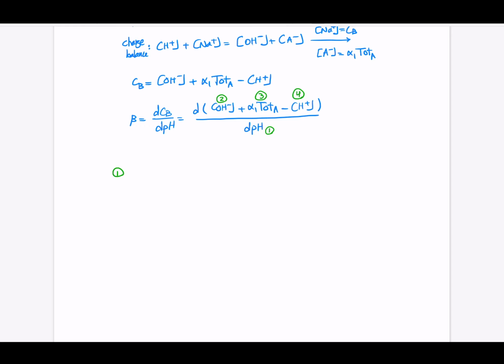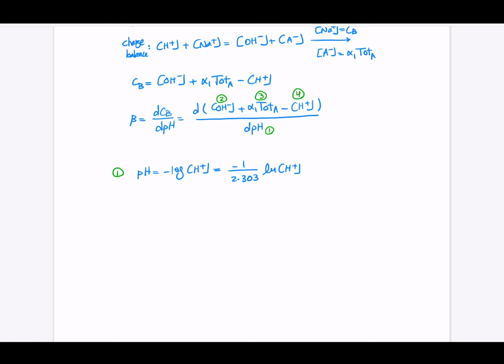So the first one, we know pH is minus log of H plus. To be precise, that's activity, but here for the sake of simplicity, we just call it the concentration term, or minus 1 over 2.303 ln H plus.